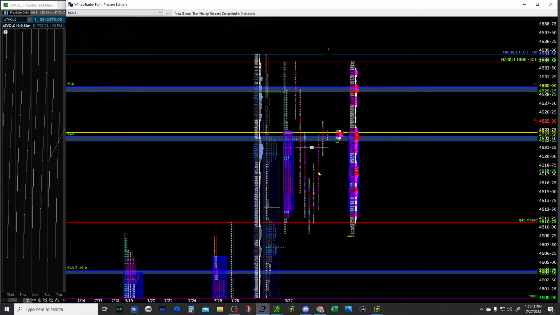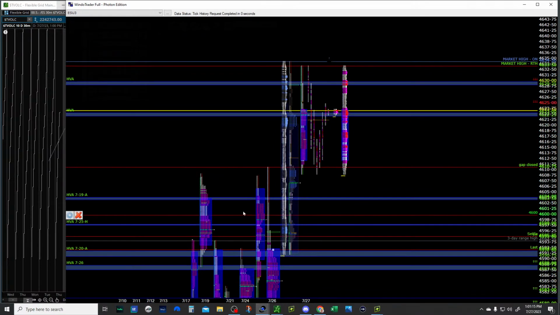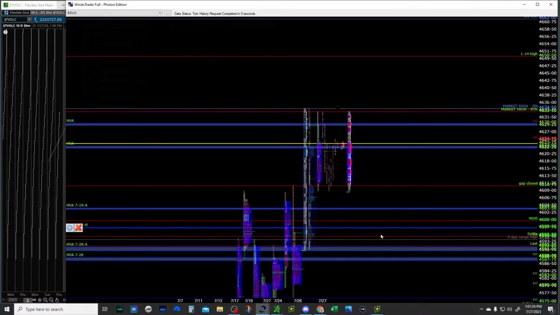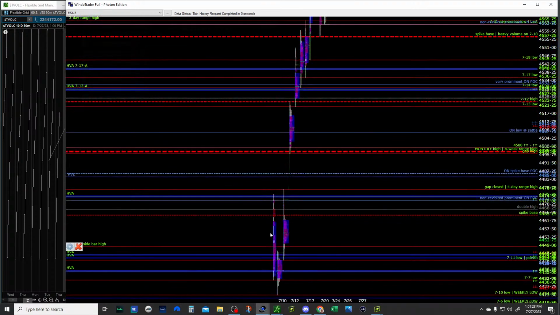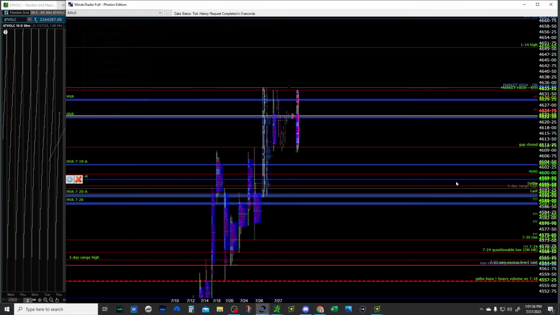The market is going to build value. If the market builds value in this area, above this breakout, above this range, it will give the market another breakout. We are going from a breakout to another breakout, to another breakout. All the ranges that the market has formed have had a breakout to the upside.